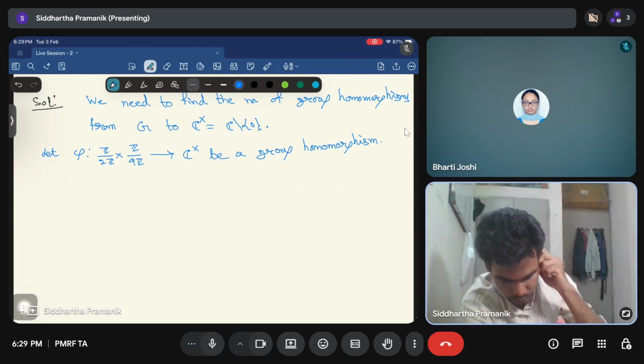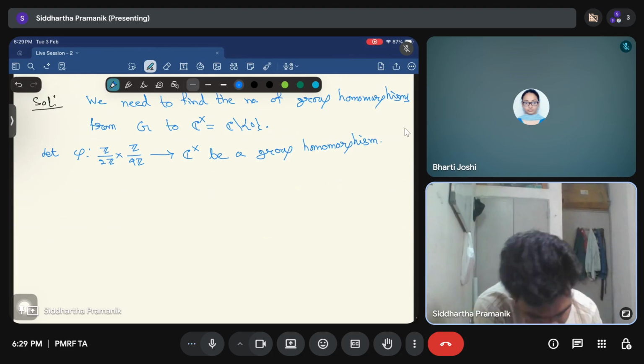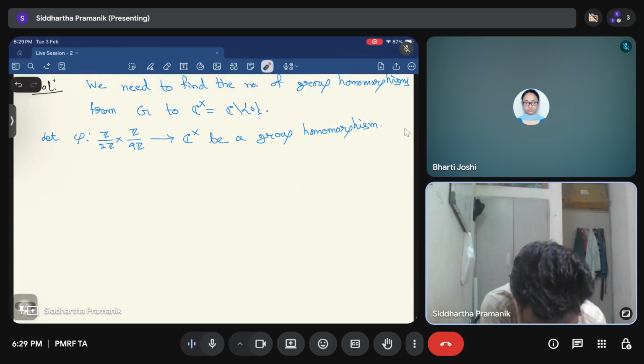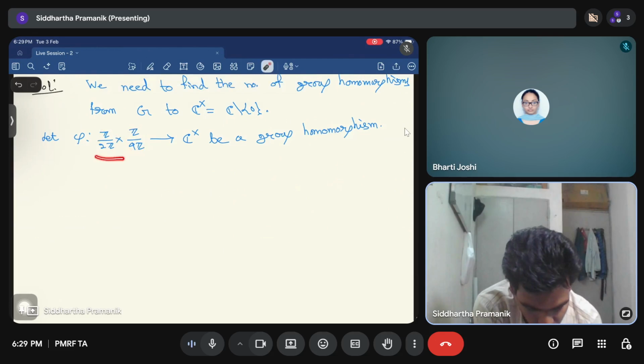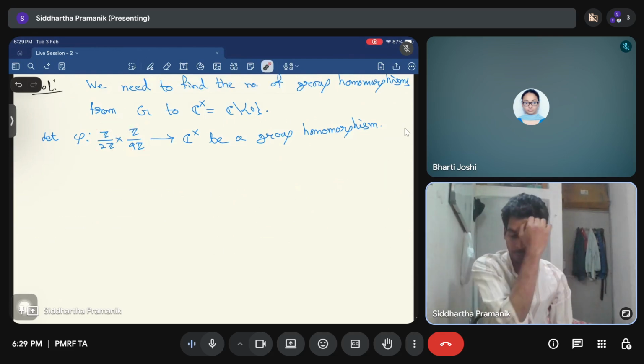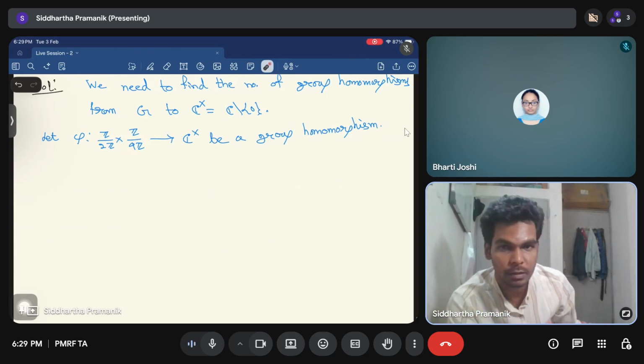Right? So we need to find how many possibilities of phi are there. So observe that Z mod 2Z and Z mod 4Z are abelian groups. So this Cartesian product is also abelian. So all its subgroups are normal.